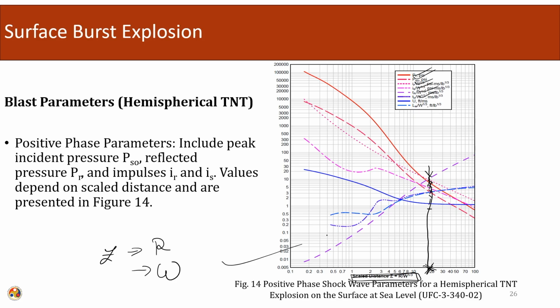The use of this empirical chart is very handy. At one go we can calculate all the required quantities, and these charts are readily available in different manuals like TM 5-1300 and UFC 3-340-02, which is being shown here. We can use any of these charts to calculate the required quantities.